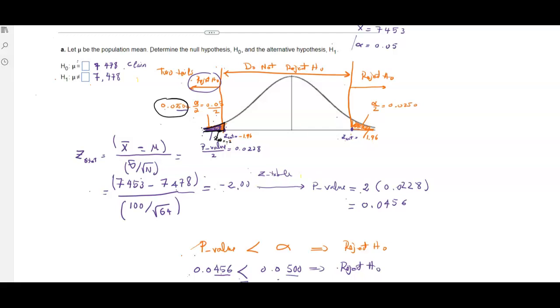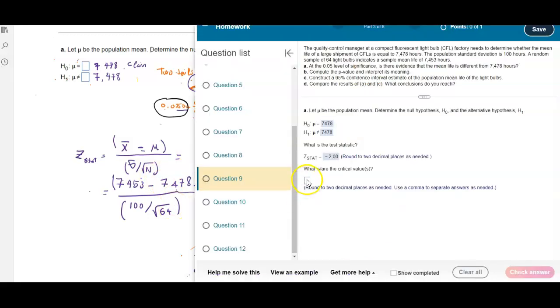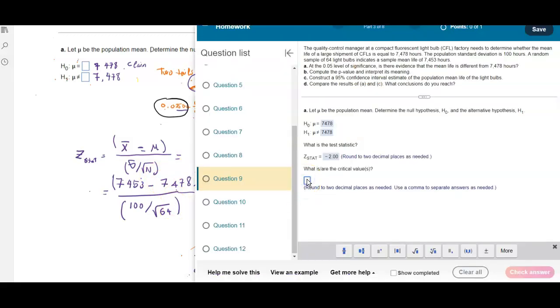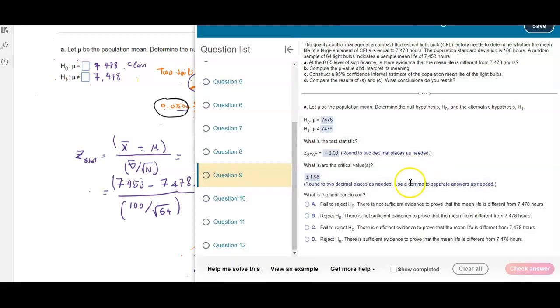Every time you are using H0 equals and H1 different, with no inequality. That's how we know. So it is two of them, plus or minus 1.96.